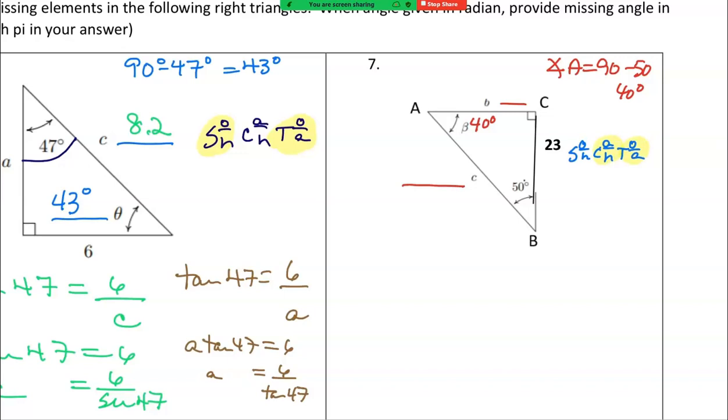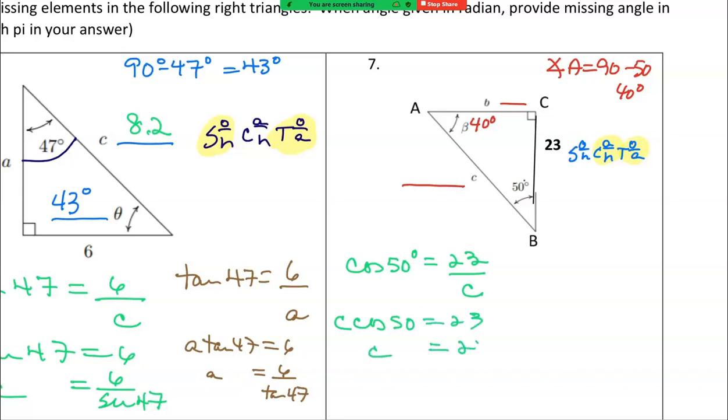All right, so I'm going to do cosine, because I just pointed out that I have to do cosine. So the cosine of 50 is going to be 23 over the hypotenuse, which is the C. So C times the cosine of 50 equals 23.